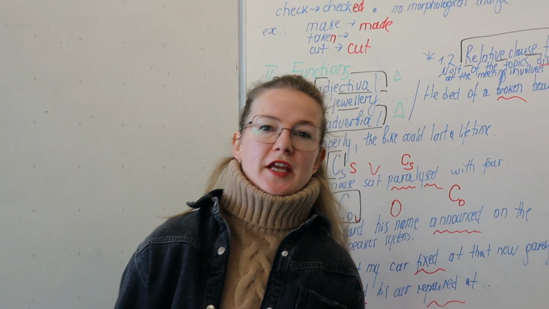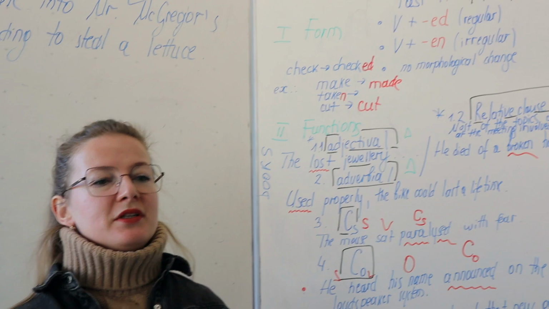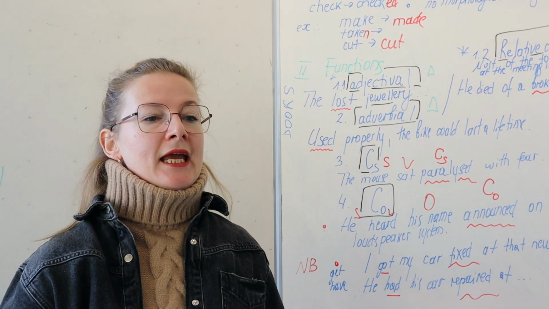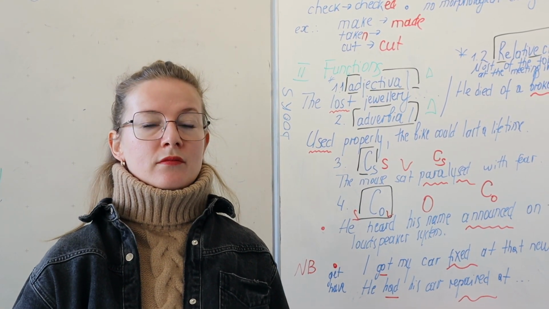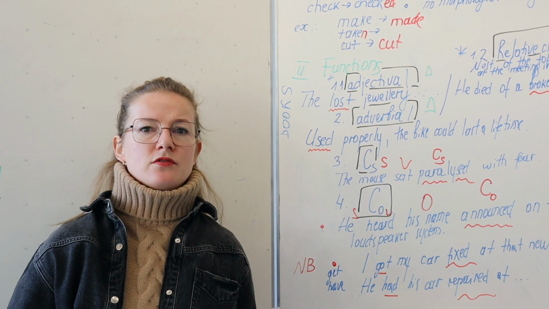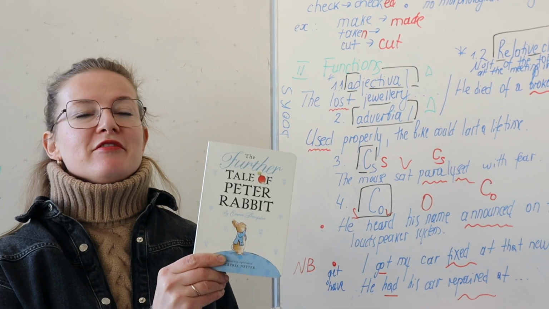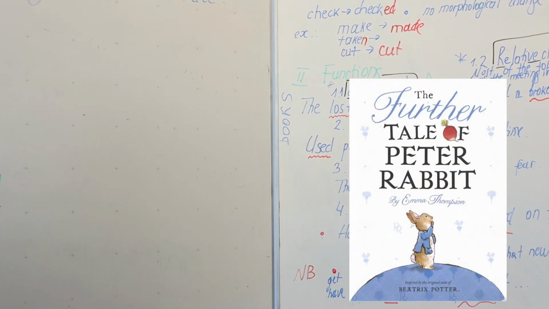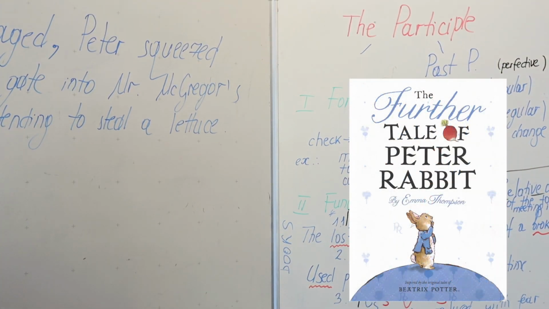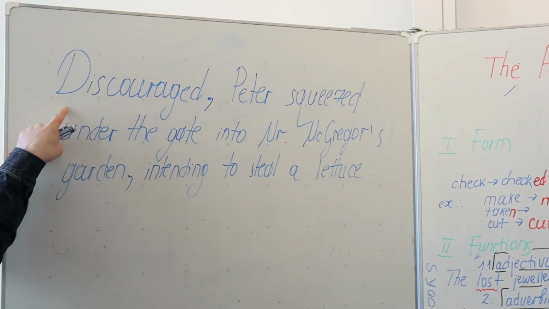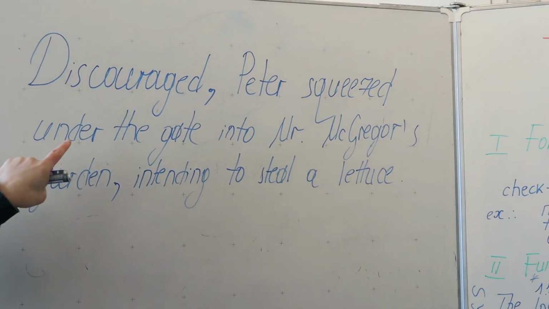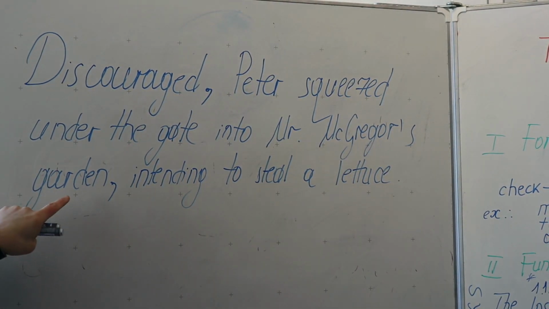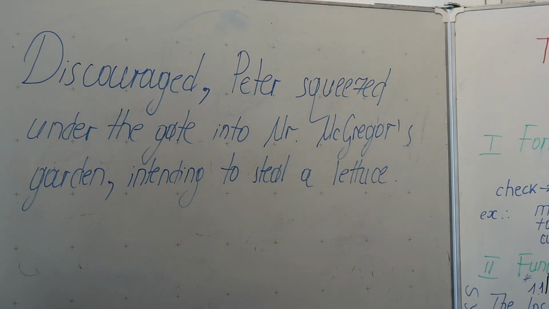And to illustrate to you guys that the past participle and also the present participle are a common thing and are made use of quite regularly, my favorite children's book is The Tale of Peter Rabbit. So we've got here discouraged. Peter squeezed under the gate into Mr. McGregor's garden, intending to steal a lettuce.